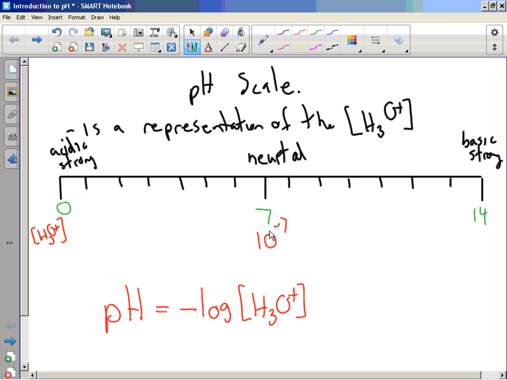Let's continue the logic. And instead of, say, pH 7, I'm talking about a pH 3. Could somebody please tell me, what's the hydronium ion concentration at pH 3? Yep. 10 to the exponent negative 3. That's a terrible 10 right there. 10 to the exponent negative 3.